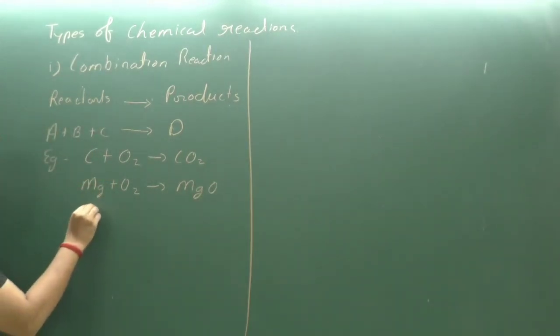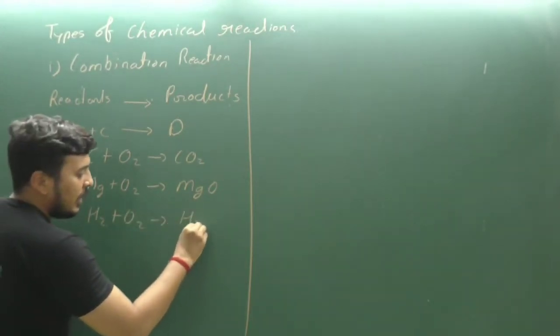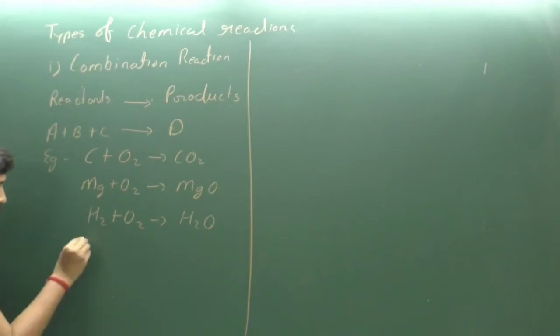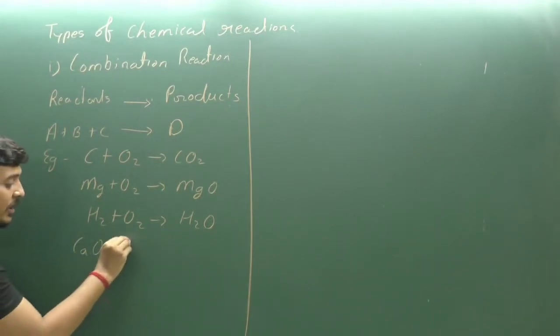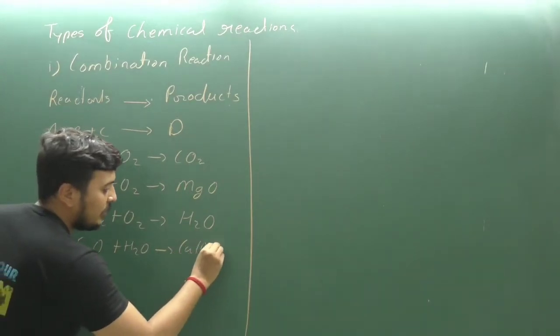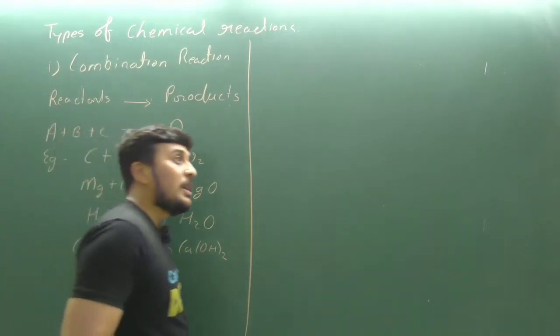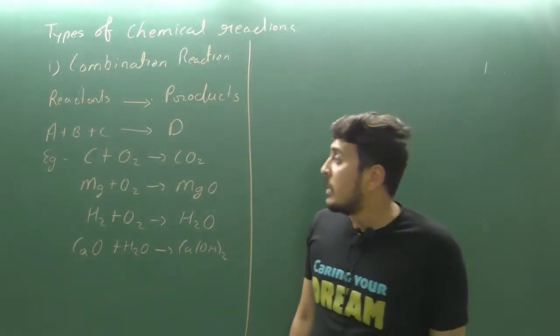Third, hydrogen when it reacts with oxygen forms H2O. Calcium oxide when it reacts with water forms calcium hydroxide. Clear? These are the examples of the combination reaction.